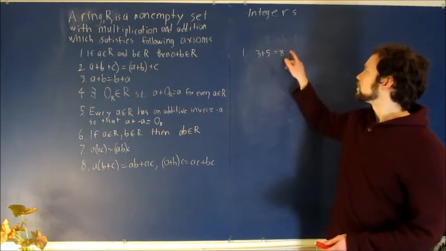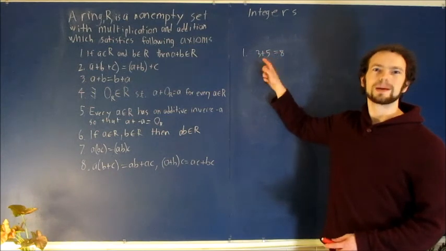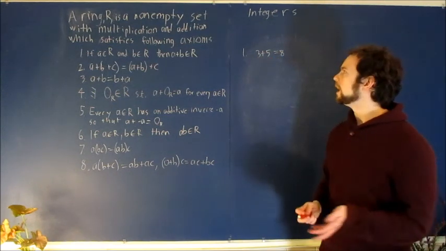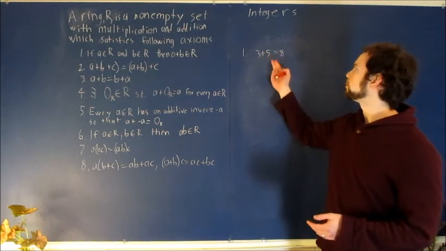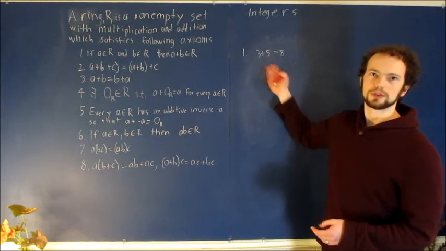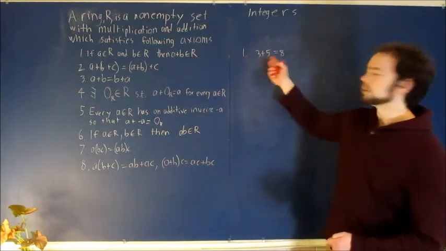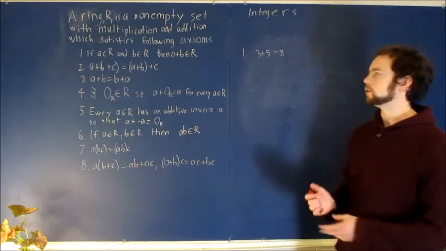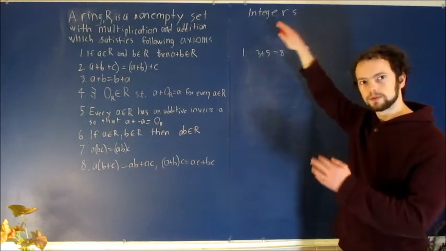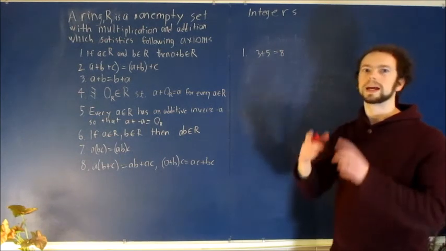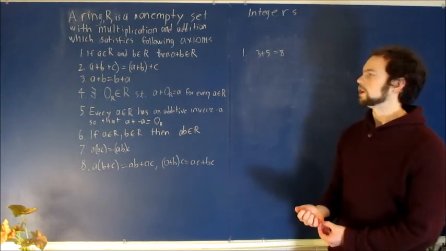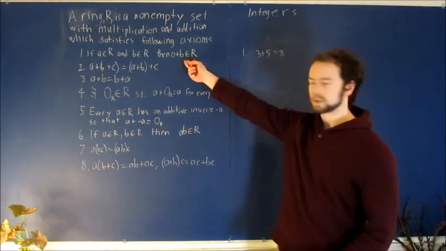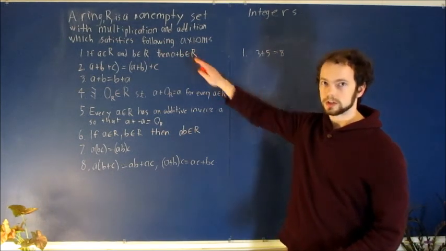Now, I've just taken a specific example here of 2 numbers, but you can in fact prove that for any 2 integers you pick, this will be the case. You will always get an integer if you take 2 integers and add them. Okay, so you can't escape from the integers by adding 2 integers. All right, so the integers satisfy closure under addition.